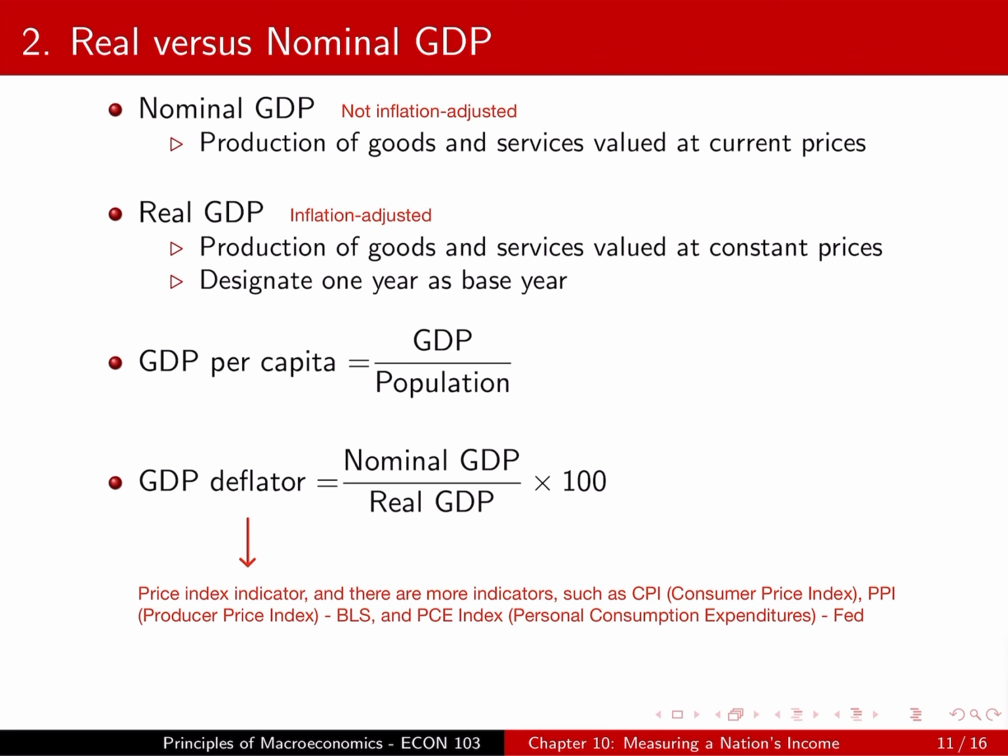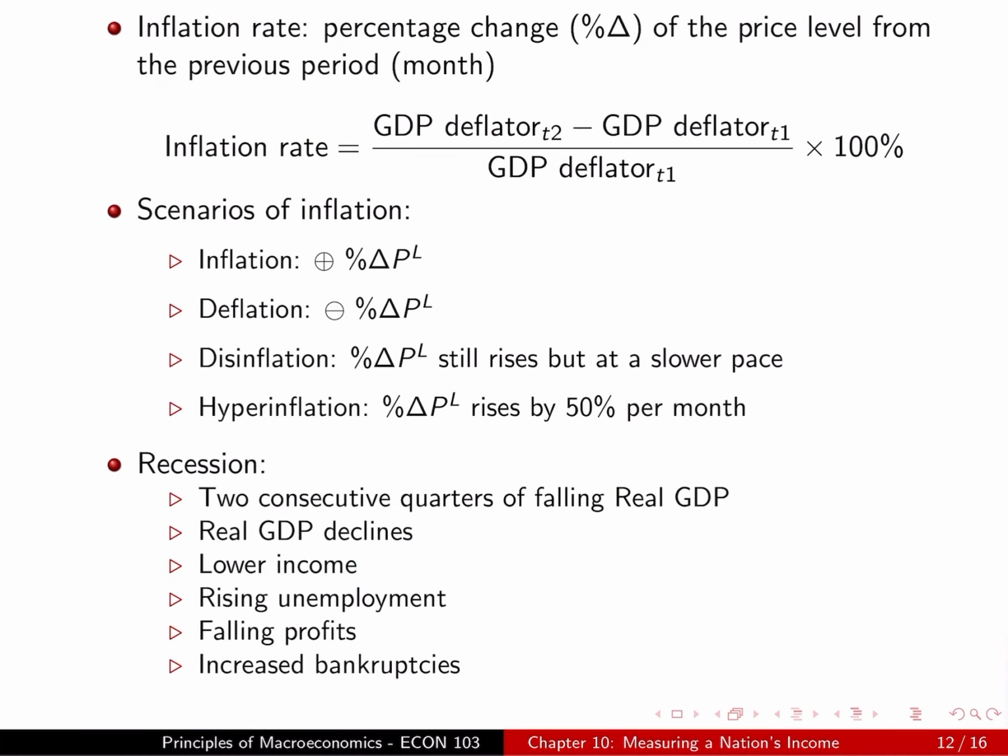Other commonly used indicators include the Consumer Price Index, CPI, and the Producer Price Index, PPI, both of which are maintained by the Bureau of Labor Statistics, BLS. Additionally, the Personal Consumption Expenditures Index, PCE, is another key measure, and it is preferred by the Federal Reserve for setting its inflation target.